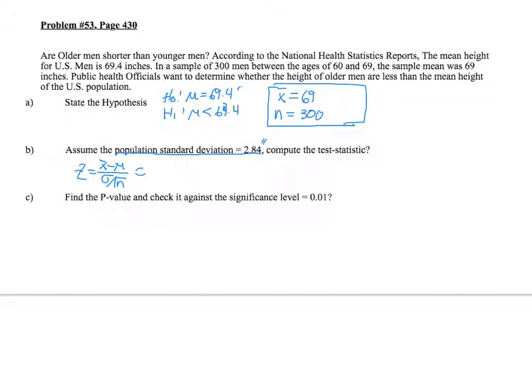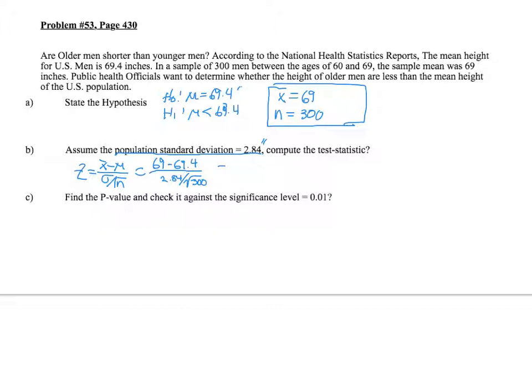And so we'll put the values into the equation: 69 minus 69.4 divided by 2.84 divided by the square root of 300.